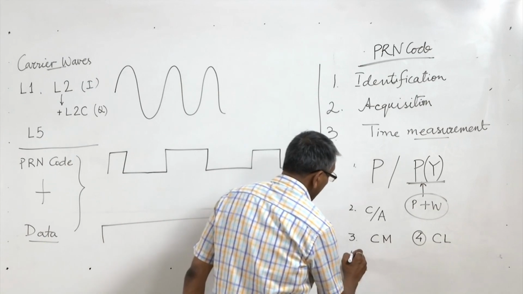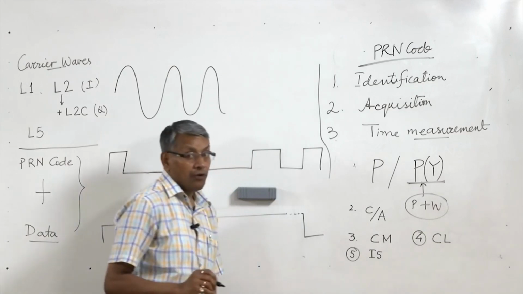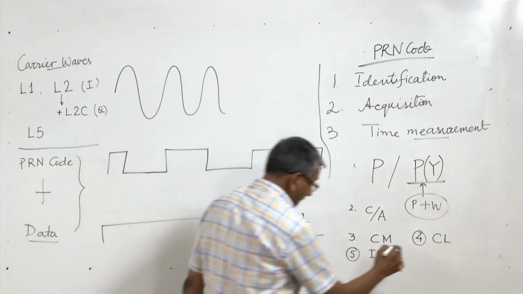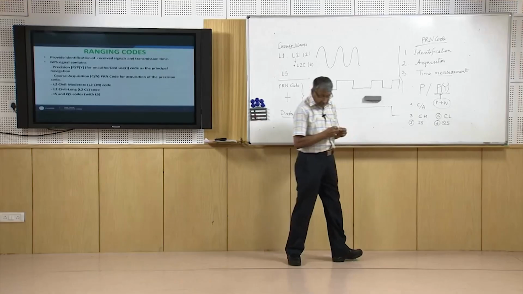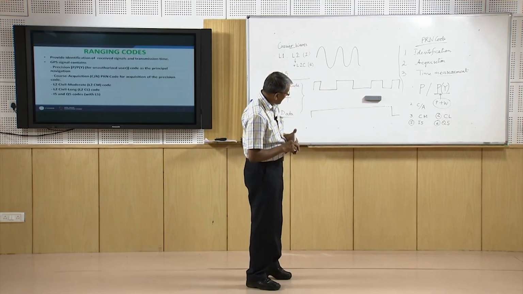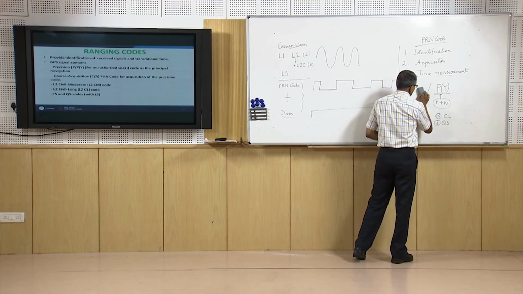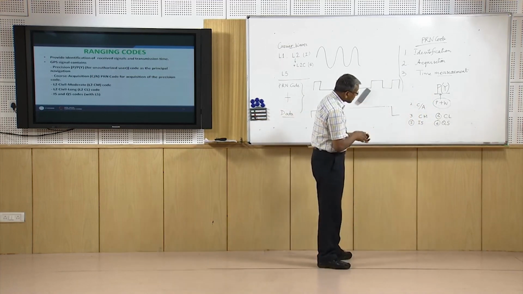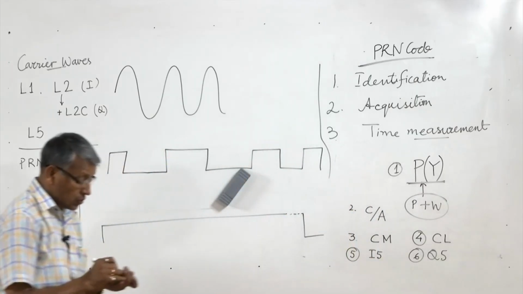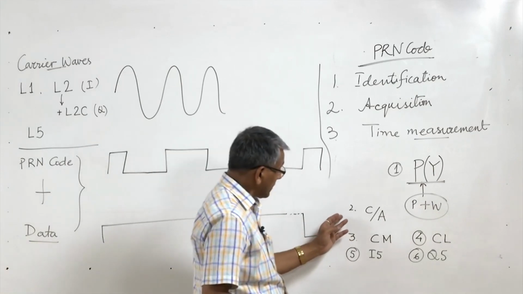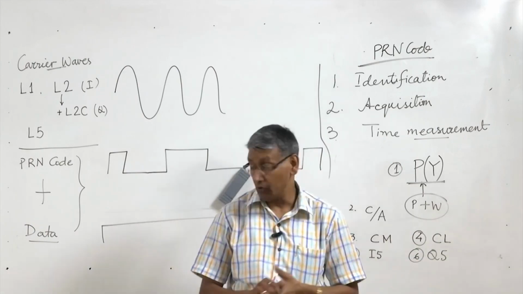Then the I5 code for the L5 signal, and then Q5. So there are 6 types of codes available. Of course, the P code is not for civilian use, it is the PY code which civilians can get access to, along with the CA code, CM code, CL code, I5 code and Q5 code.